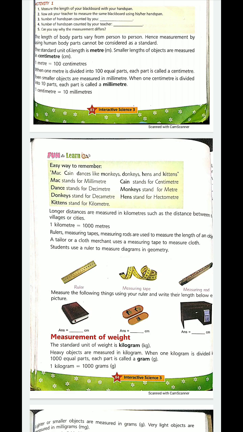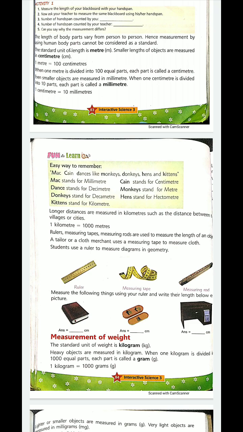Similarly, it can be measured in kilometer when it is too long. So long distances are measured in kilometers, such as distance between a city and a village. 1 kilometer is equal to 1000 meters. 1 kilometer, when equally divided into parts, will be 1000 parts and each will be 1 meter.